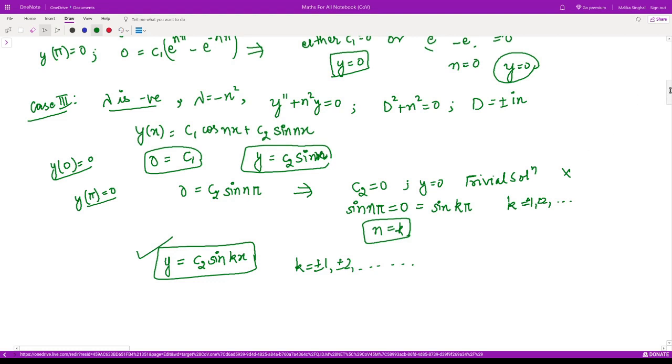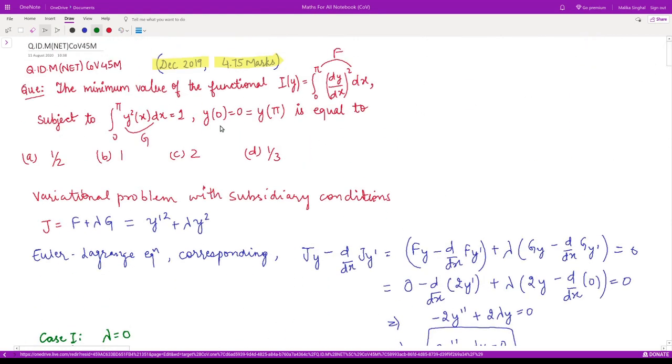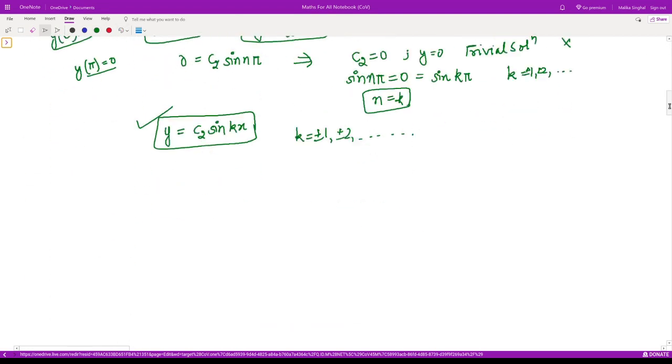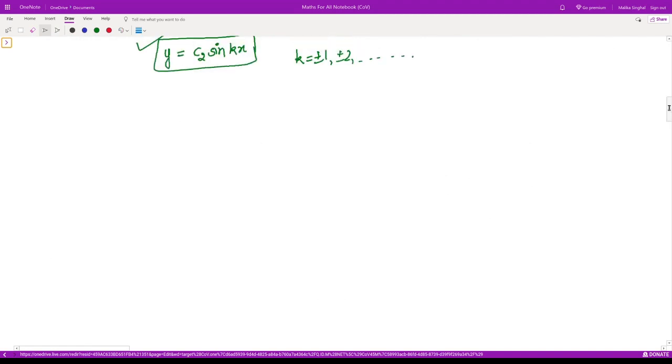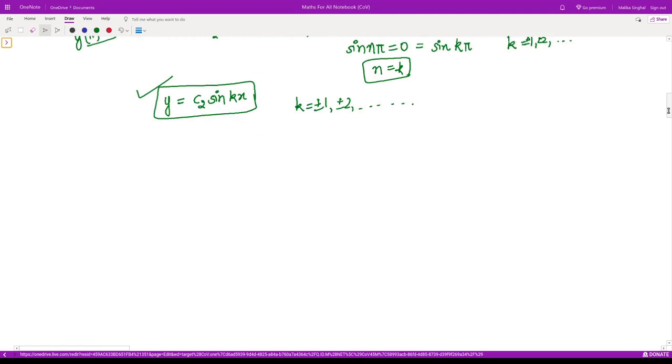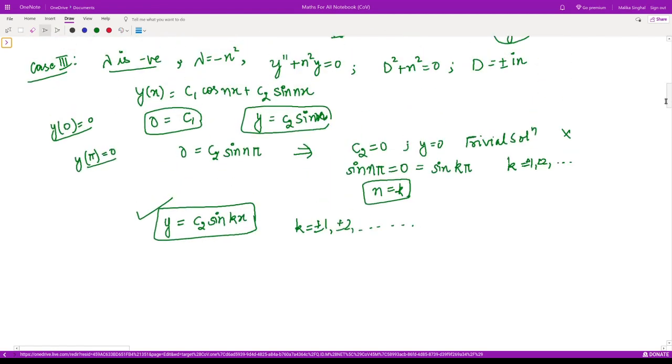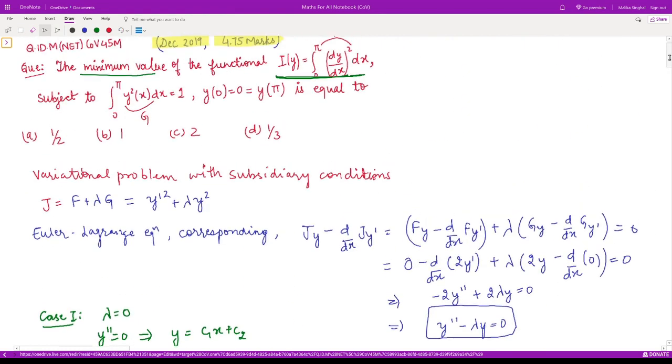But let us look at the question. In our question, what was asked? It was asked to find the minimum value of this functional. So let us try to solve this functional, right? If I substitute the y in my functional, I would have, moreover from here, we need to find the value of c2, which would be determined using this given subsidiary condition.